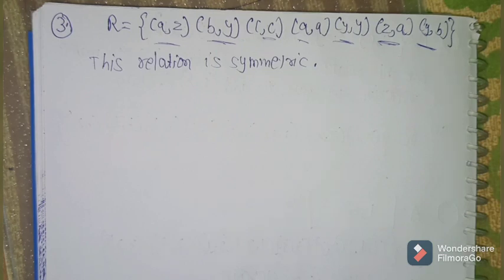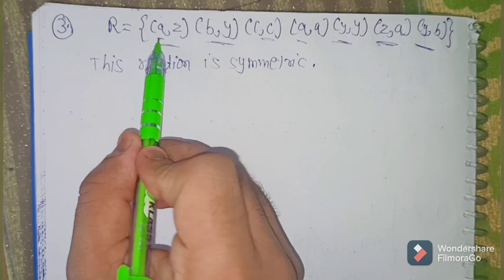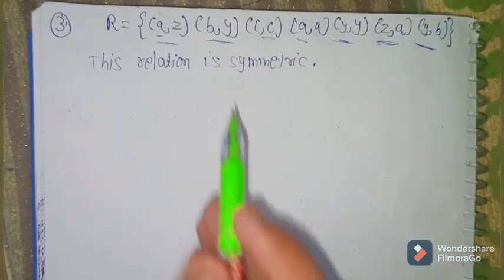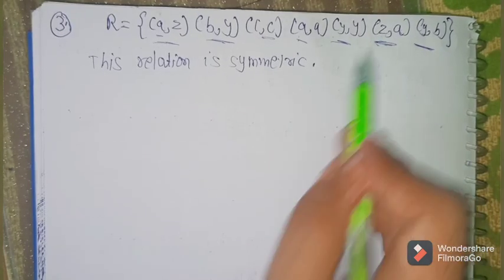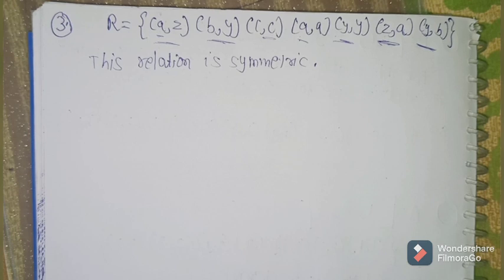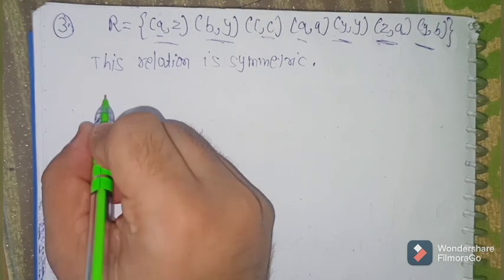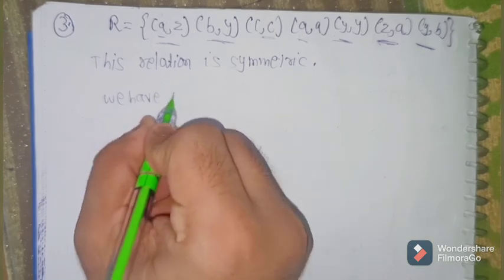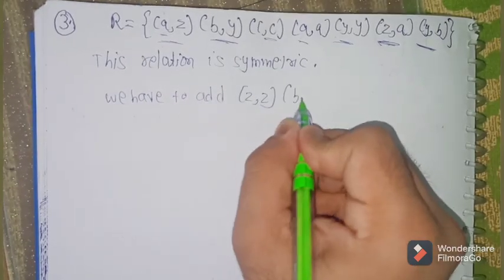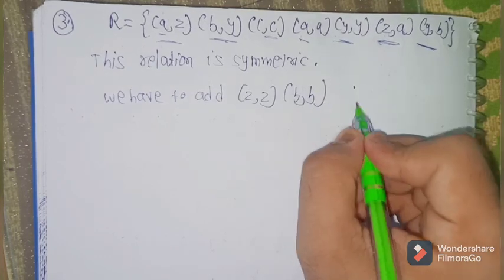And this relation is not reflexive because A has a relation with A, but B does not have a relation with B, and Z also does not have a relation with Z. So if we want this relation to be reflexive, then we have to add ZZ and BB in this relation.